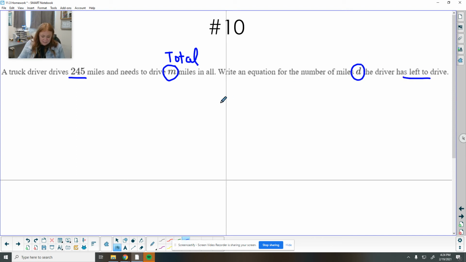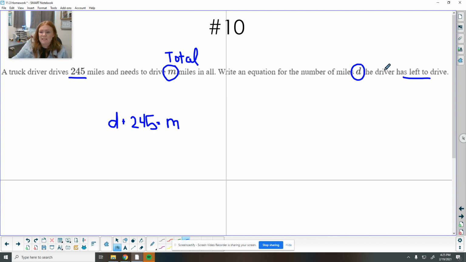There are several ways that we can write this equation. You'll want to make sure you use the variables on your on-screen keyboard when you're putting it in Ed. So I know this is my total, this is what he has left, and this is what he has already driven, and it should equal m.